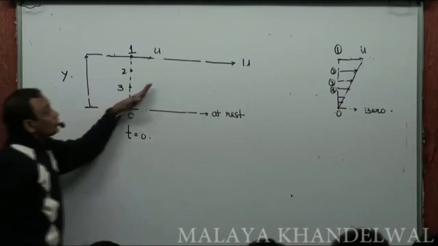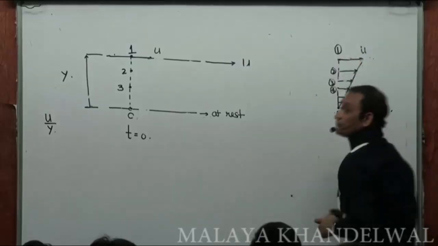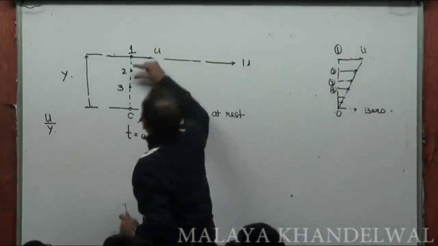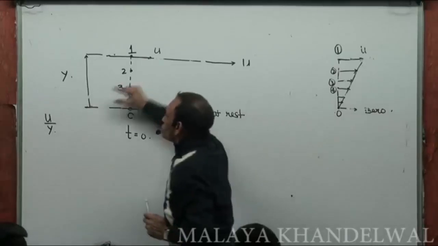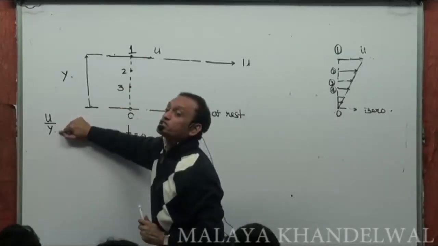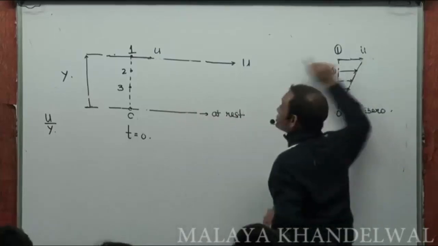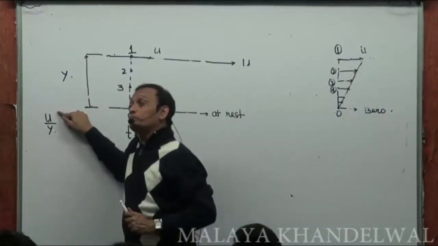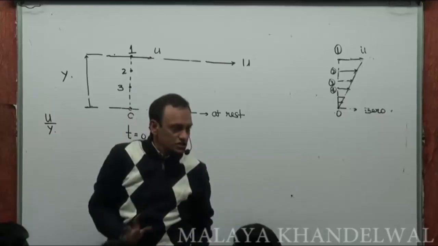So if it's a linear variation of velocity, then no matter where you select your unit distance, the change in velocity per unit distance will be u by y. However, if it was a non-linear variation, then the change in velocity per unit distance will not be u by y for every unit distance.